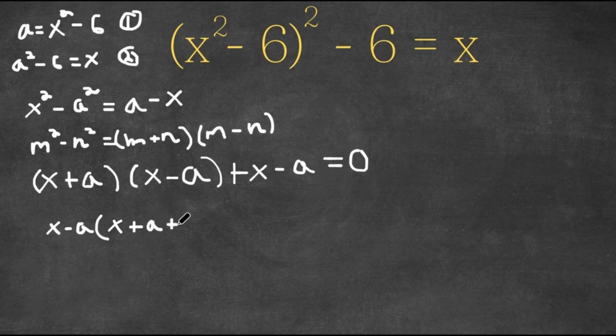So we have x plus a plus 1, and this is equal to 0. Now this gives us two equations. We have x minus a is equal to 0, and if we add a on both sides, we simply get x is equal to a.